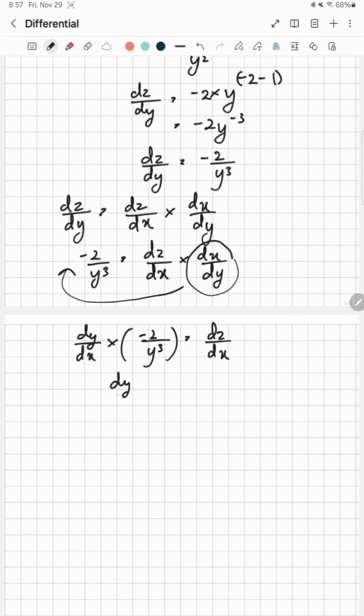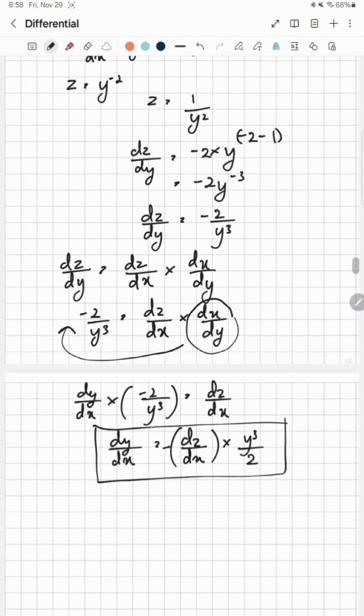And then you can write dy over dx equals to dz over dx into y to the power 3 over 2. I'll put the minus over there. So we found dy over dx.